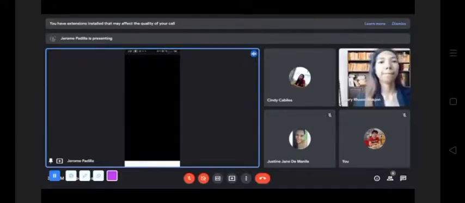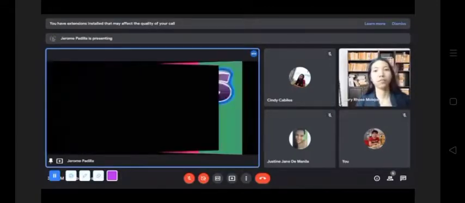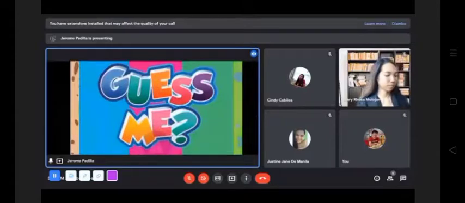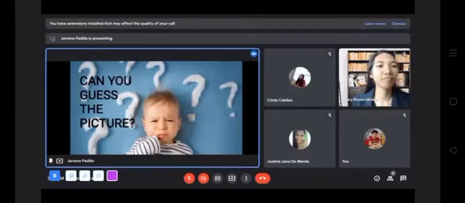Yes po, sir. Our game for today is an activity called Guess Me. The mechanics of this game is you are just going to identify if the picture is biotic or abiotic. Do you know what biotic or abiotic is, class?